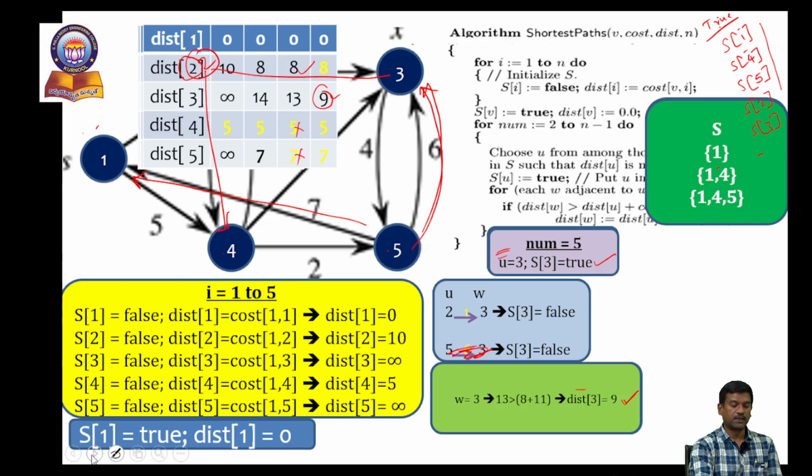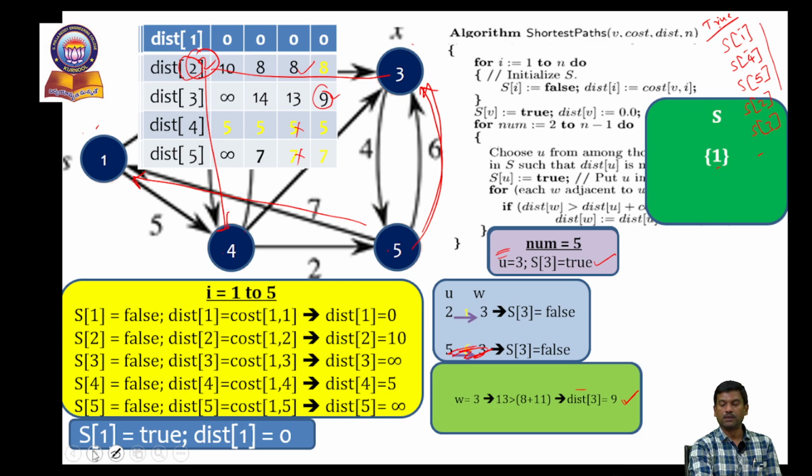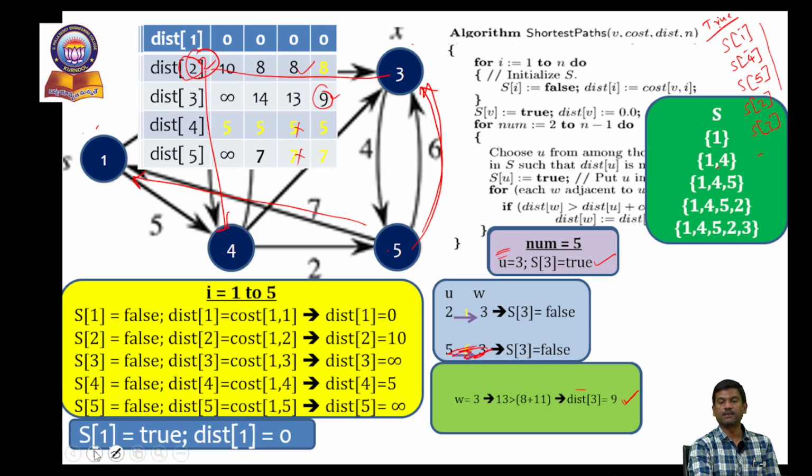In the next iteration, S of 2 is made true, that is 1 4 5 2, and in the next iteration S of 3 is made true. So within your solution set, the vertices taken into consideration are 1 4 5 2 3.